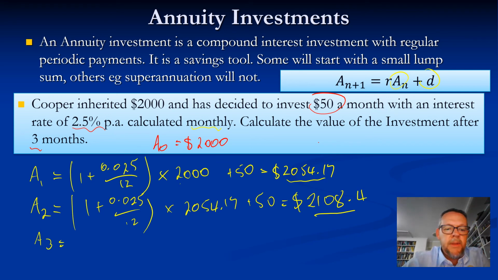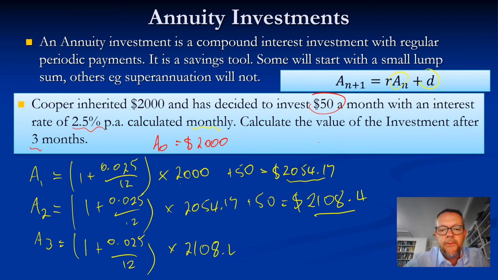Let's do our third month calculation, and we'll call that a day on this one. So it's 1 plus 0.025 over 12. Now we use that 2,108.40, and then we add on the D for deposit, and that should get us 2,162.84.